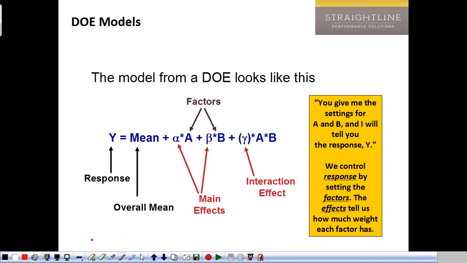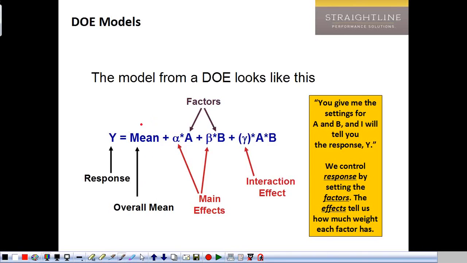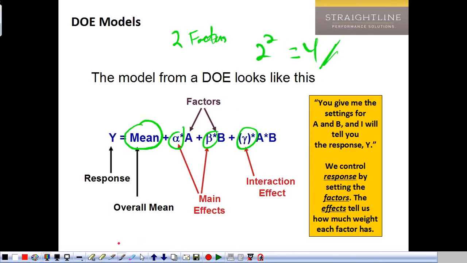The difference is that we need to sample 1, 2, 3, 4 coefficients. So a full factorial would need to have 4 runs, 1 run each to estimate each of those. And notice that we have 2 factors, and 2 to the 2 is equal to 4. So 4 is a full factorial.